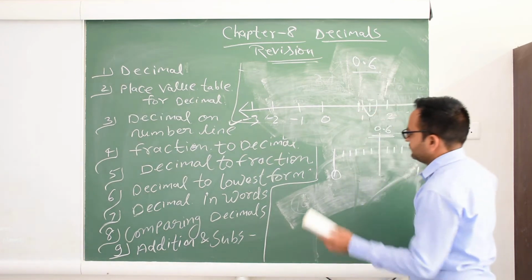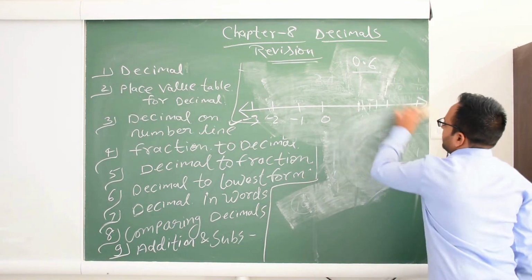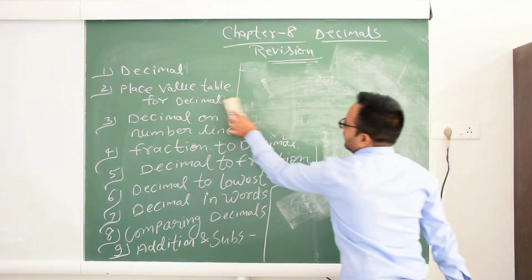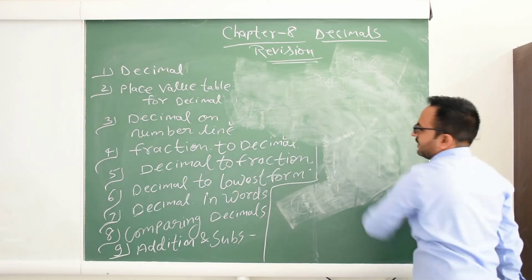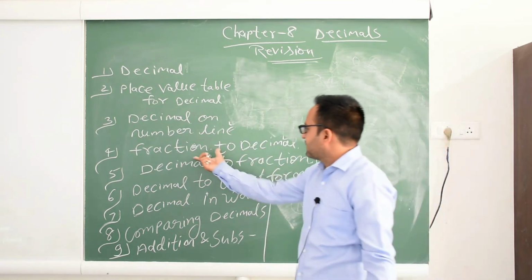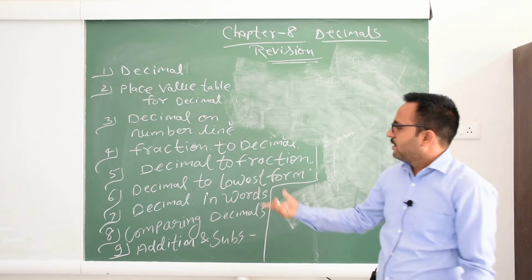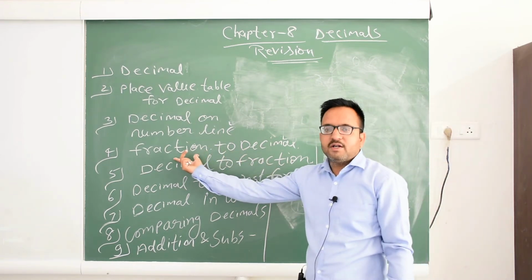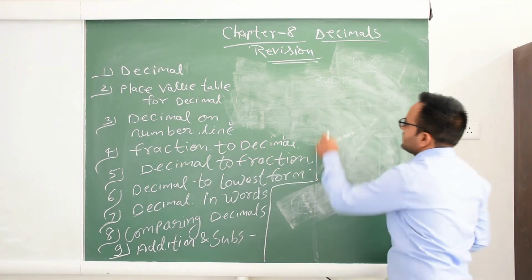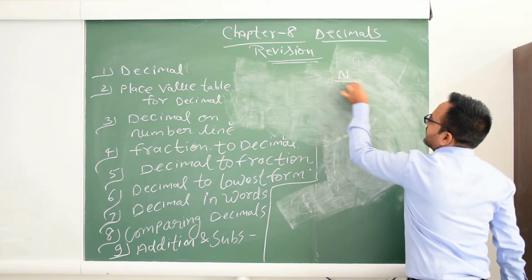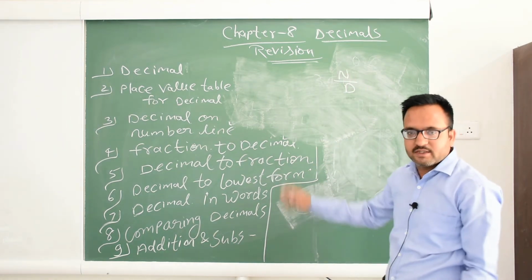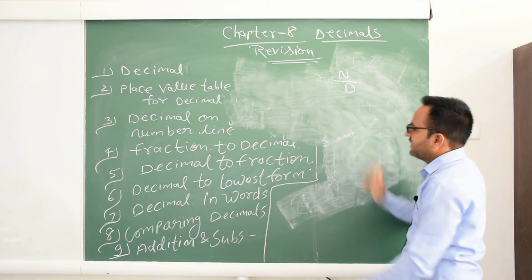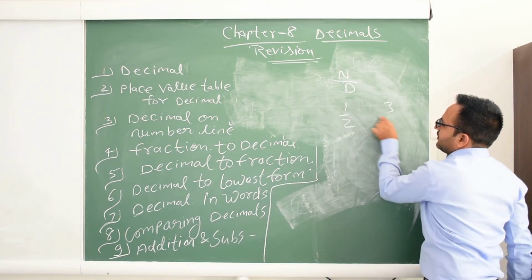Okay, now the next topic: fraction to decimal. We already learned what fractions are. A fraction is written as numerator upon denominator, like 1 upon 2, 3 upon 4.